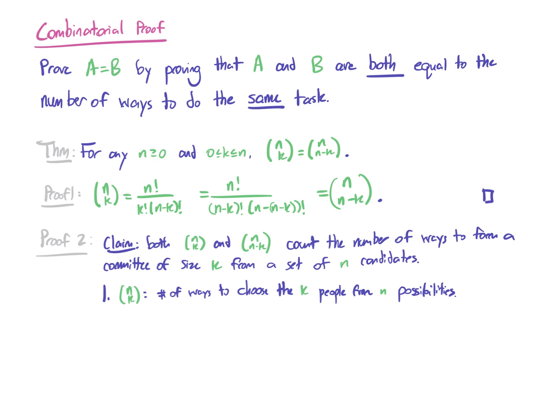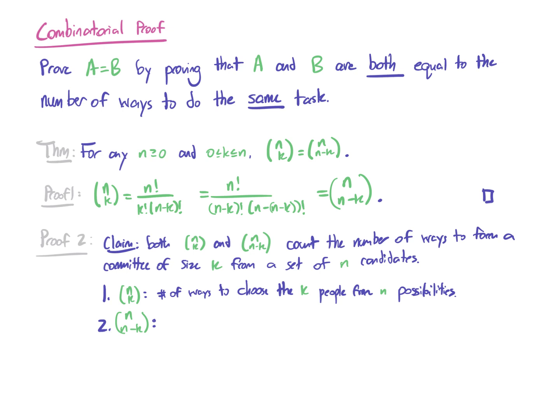On the other hand, let's look at n choose n minus k. And we're going to think about this in a pretty exclusionary kind of way. Instead of choosing k people to be on the committee, so I walk up to k people and I tell them that they're on the committee, what if I walked up to everybody else and told them that they're not on the committee? That would have the same effect, right?